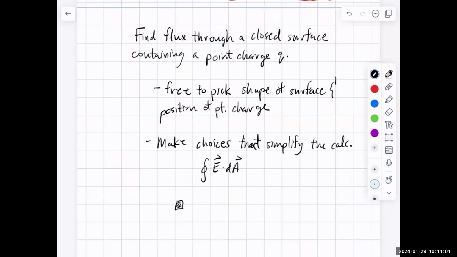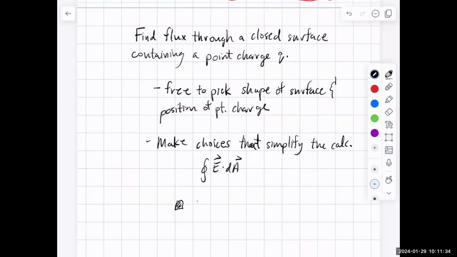One is if the angle is 0, then cosine theta will just be 1. And if the angle is 90 degrees, cosine theta will be 0. So we're going to try to make choices for our surface and the position of the point charge that guarantee that the cosine factor will either be a 1 or a 0. So we either want our electric field to be perpendicular to our surface or parallel to it.